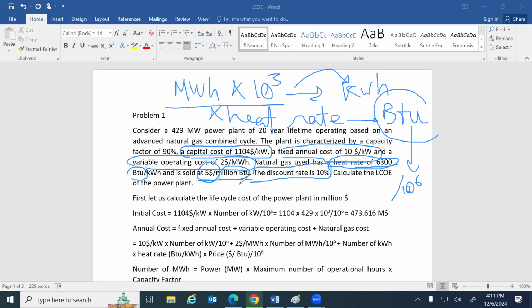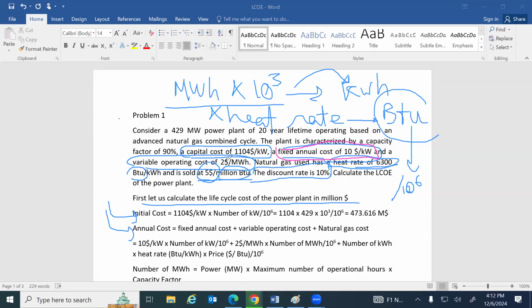So let us organize the information. So first, we need to determine the life cycle cost. For life cycle cost, we need to consider the initial cost. And for the annual cost, we have to consider 3 factors. They gave us first a fixed annual cost per kilowatt. So of course, we just have to multiply this by the number of kilowatt.